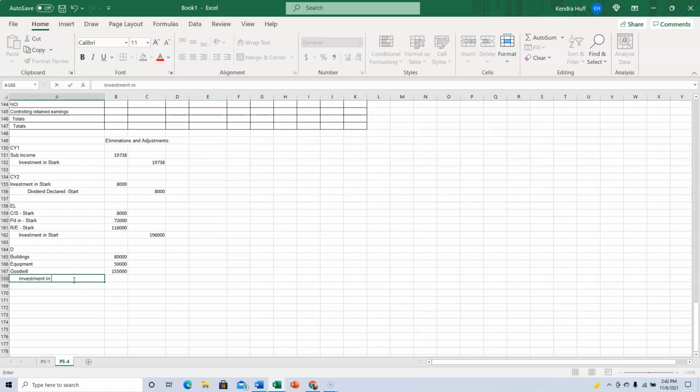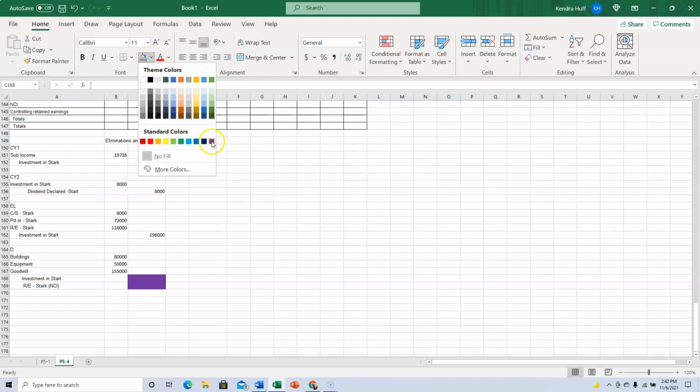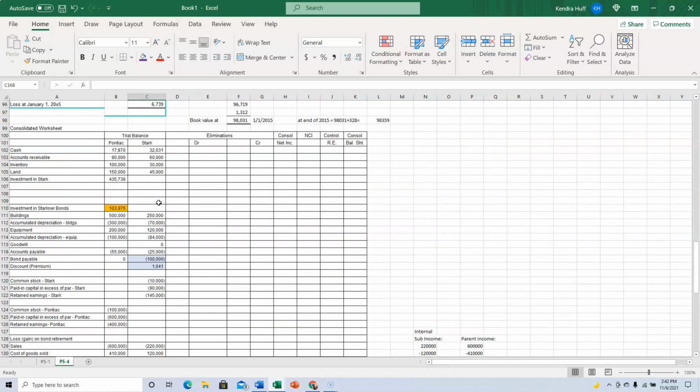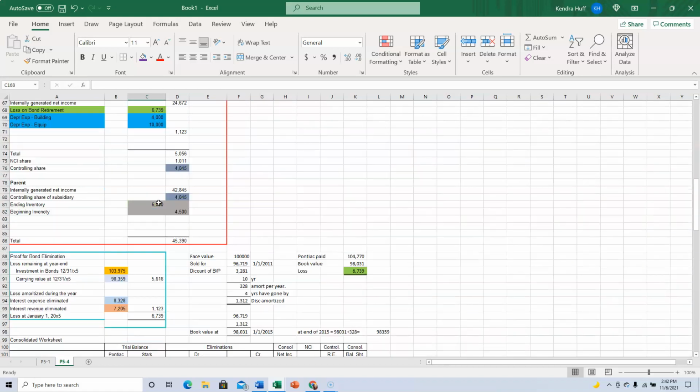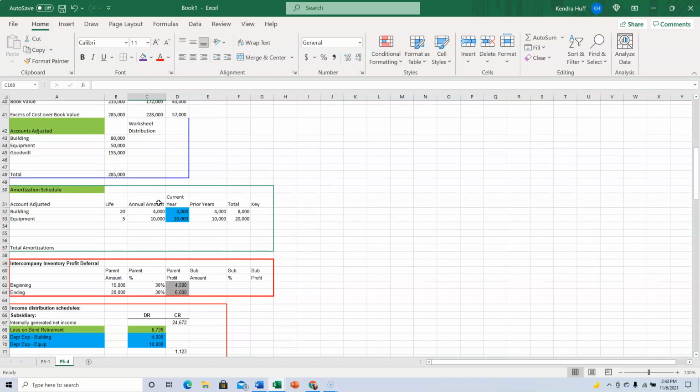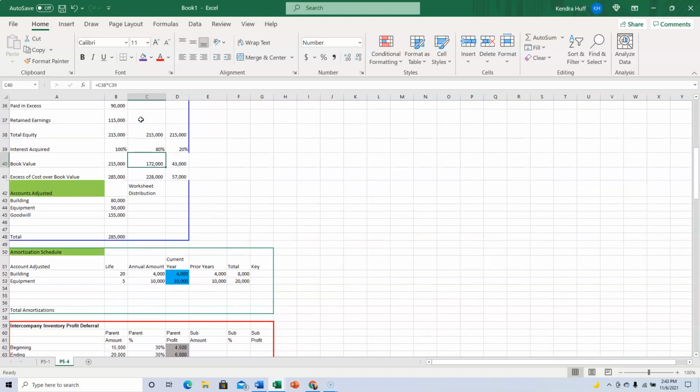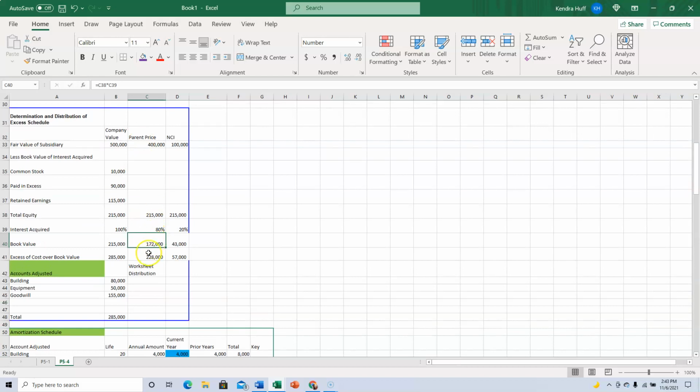The investment in Stark. And then also retained earnings of Stark for the NCI. And these two numbers should be equal on the distribution, determination, distribution, excess.